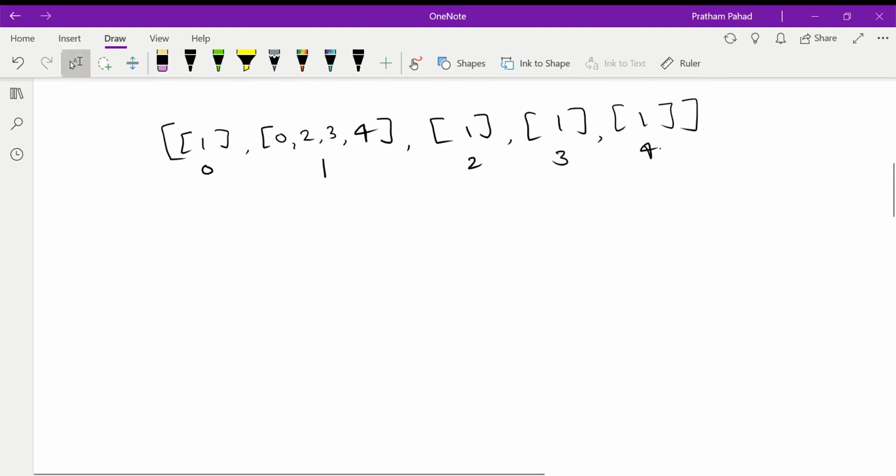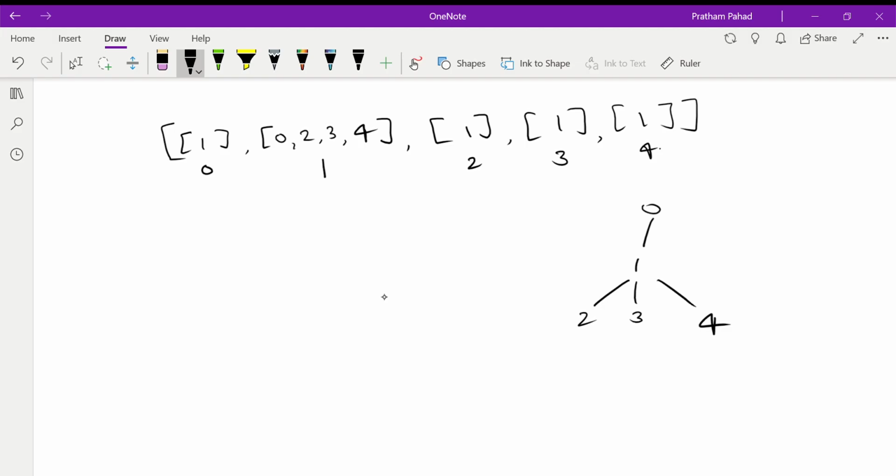So let's see what is the maximum number of children a single component node has. Okay, so 0 1 2 3 and 4. So we will make a DFS. Let's make a subtree array.